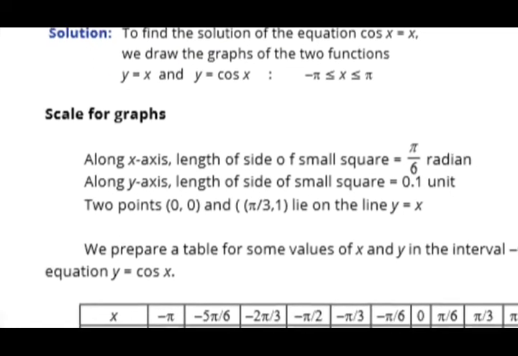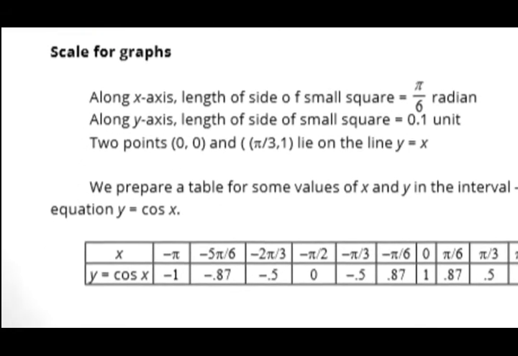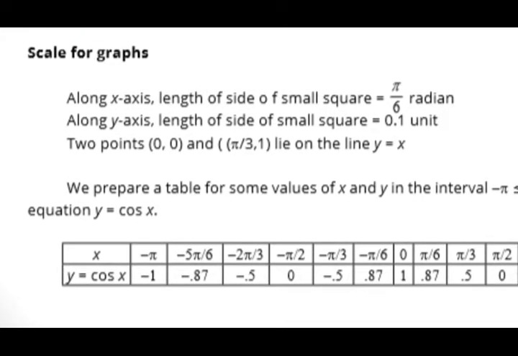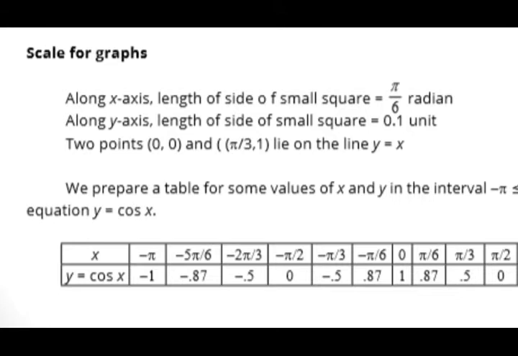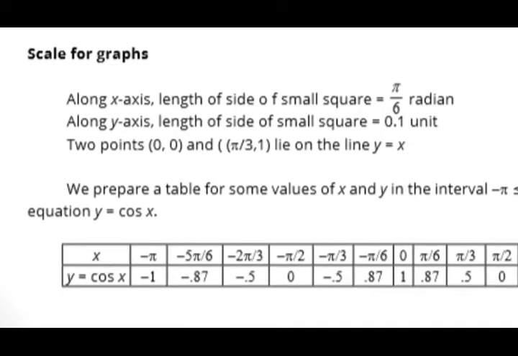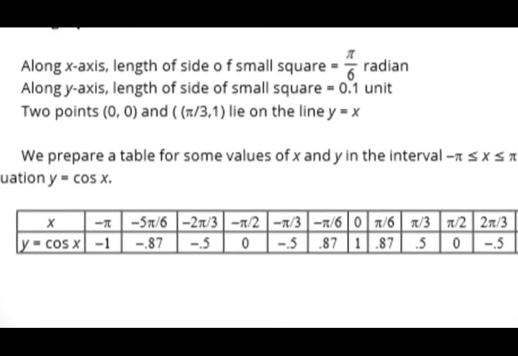Now from minus pi to pi we draw the values. Because y is equal to x is a straight line, we draw only two values, 0 and 60 degrees. Now the values of cos x.